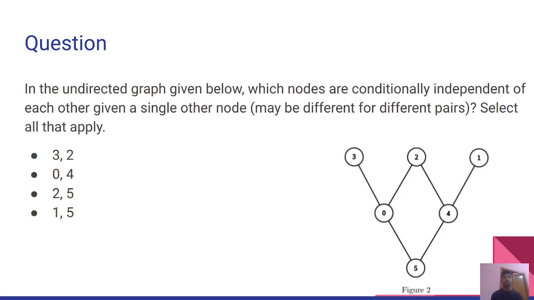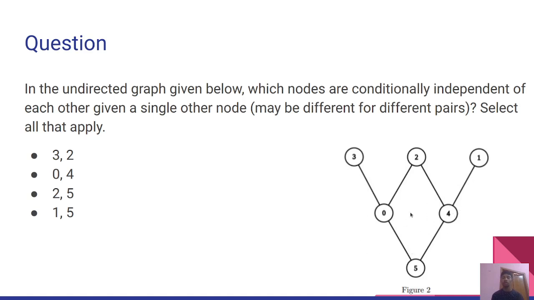So again we have the undirected graph here, and we have to say which nodes are conditionally independent given a single other node. Suppose we are saying that 3 and 2 are independent given any node, which can be 4, it can be 1, whatever.